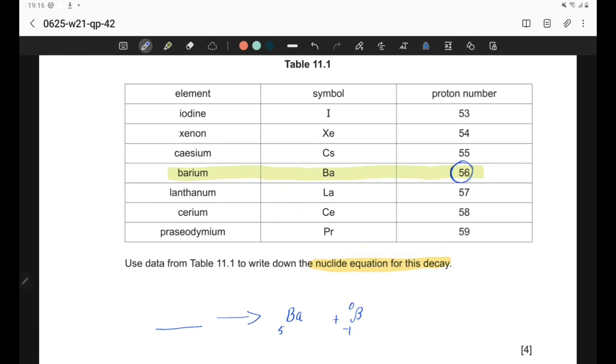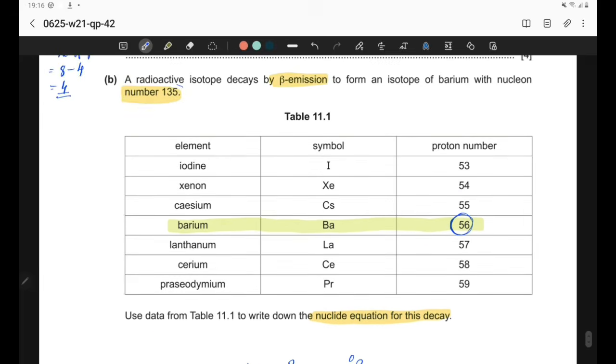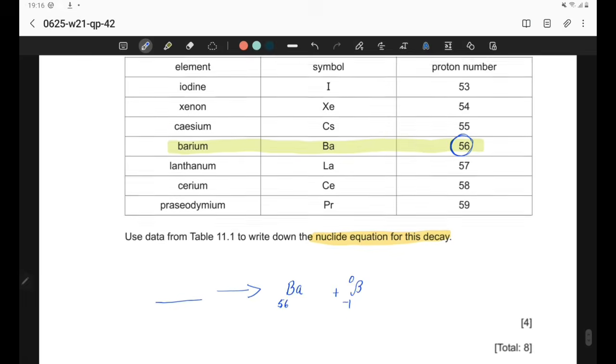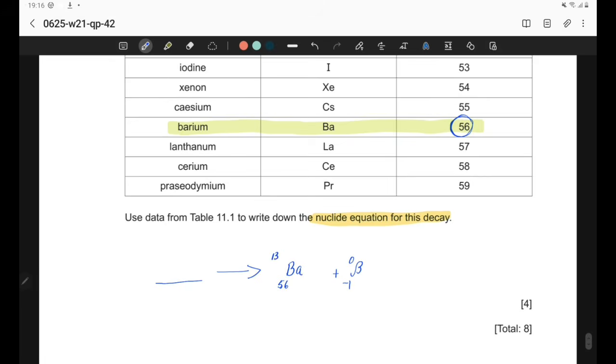So at the bottom we write proton number, that is 56, and the nucleon number is also given, 135. So at the top we write 135. We have an element we don't know, so we can consider it as an unknown X. But we can identify its proton number and nucleon number.